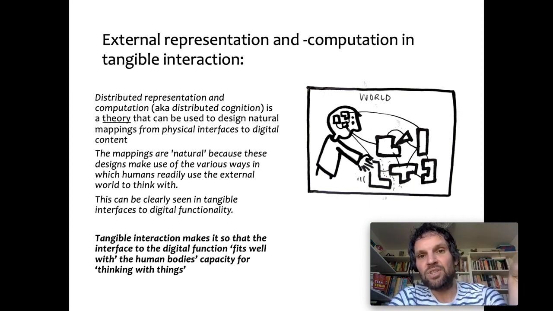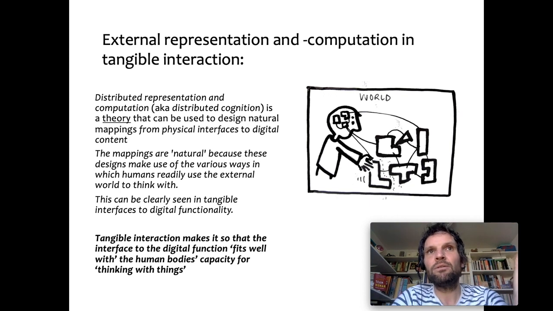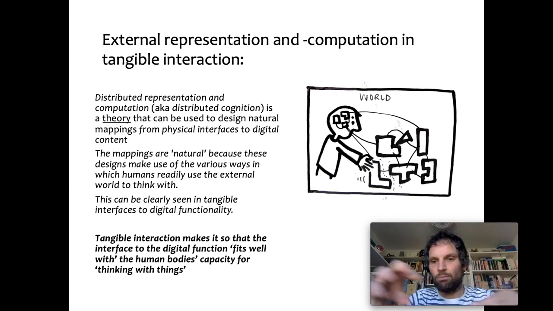It's external representation, and you have external computation. External representation is just storing information in the world so that you don't have to store it on your internal hard drive. External computation is manipulating this information physically with your hands, moving blocks around, and by doing so, doing reasoning: drawing conclusions, comparing things, getting an insight about something.